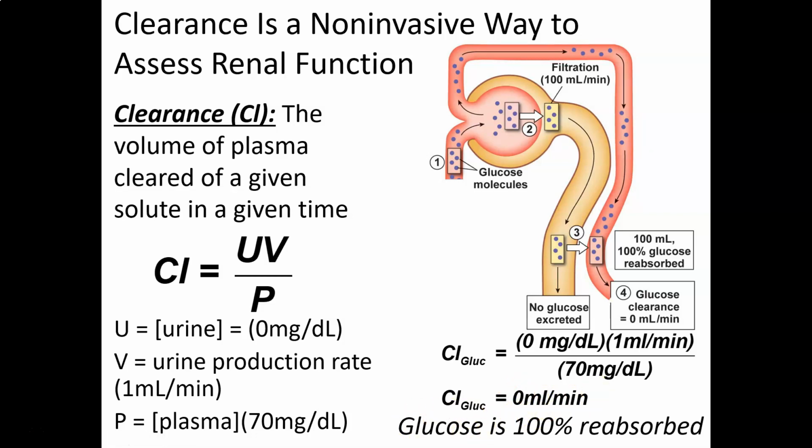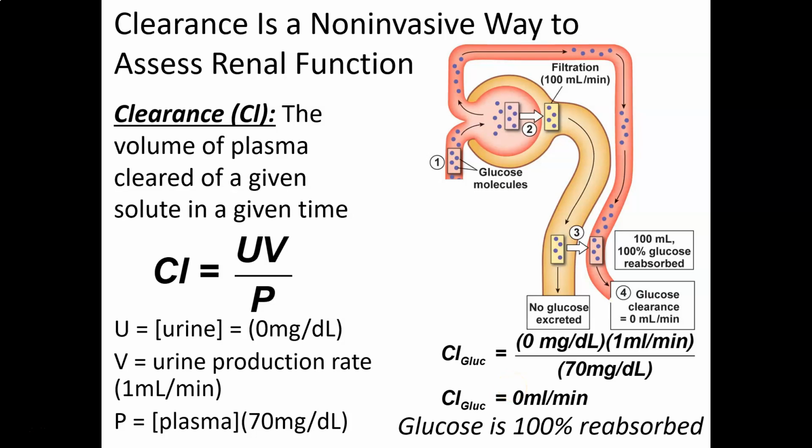Using the value of clearance, now we can assess what happens to glucose. And the way you do that is you compare it to GFR. We said that for GFR, we're always going to use the standard 125 mils per minute. Again, mentioned before, memorize it. It's an important number that's going to help us for these types of things.